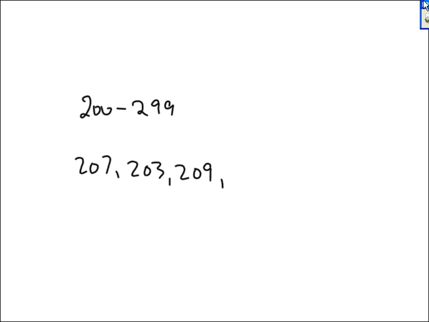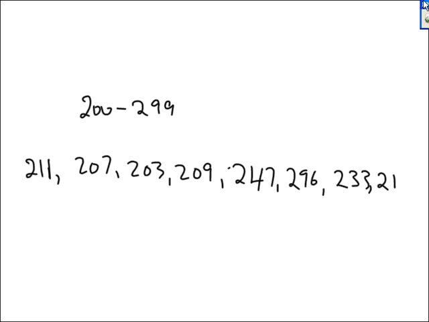Numbers as two-digit numbers. Like, if you had to order numbers between 200 and 299, like 207, 203, 209, well, I don't mean them all to be with a 0, 20 stuff. You can have 247, 296, 233, 219.